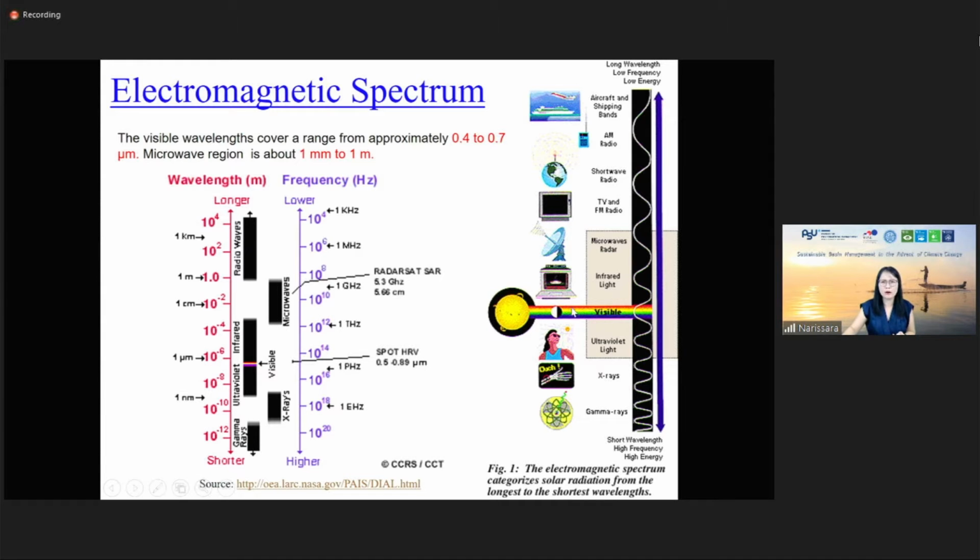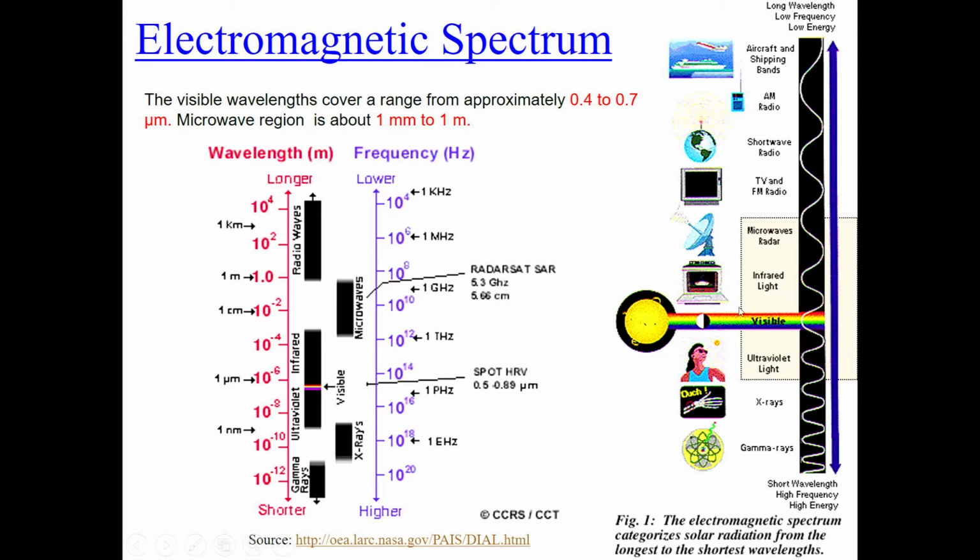Normally, the wavelengths that remote sensing uses are only 4: microwave radar, infrared light, visible light, and ultraviolet light. Yes, there are only 4 wavelength regions for remote sensing.